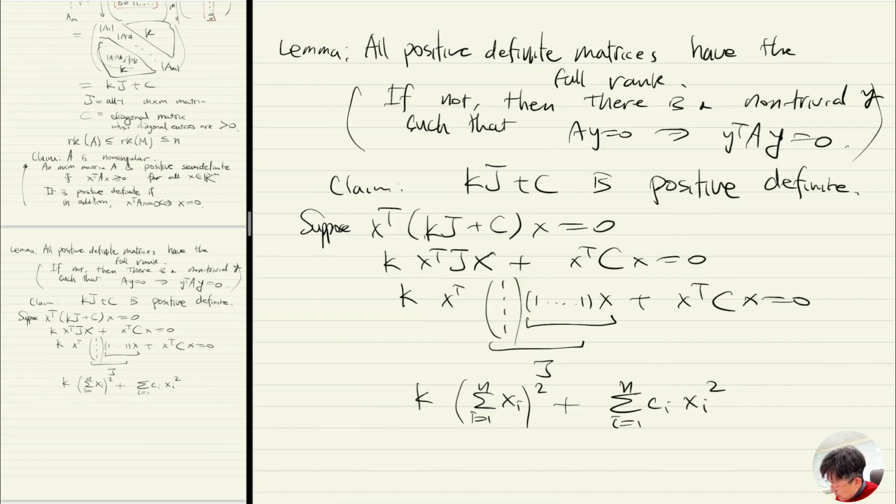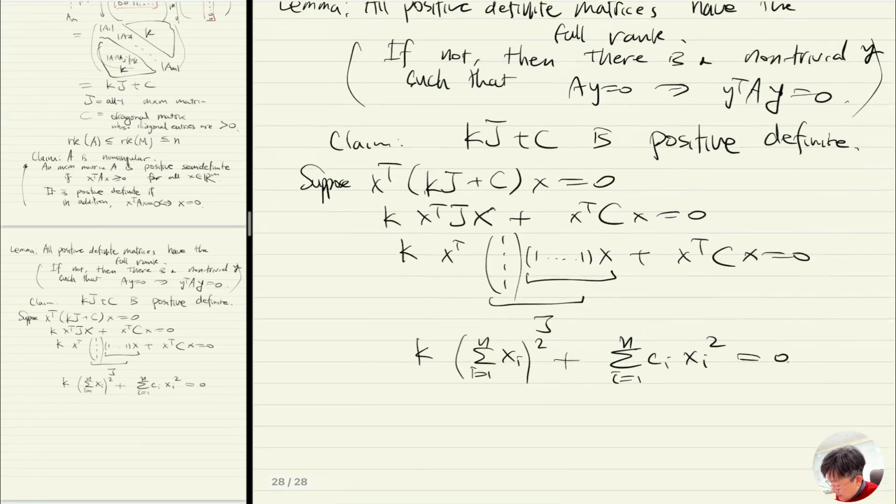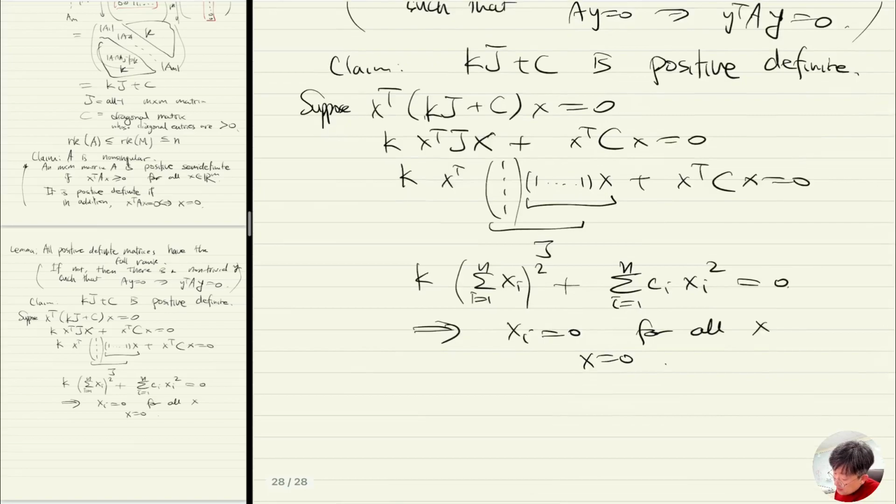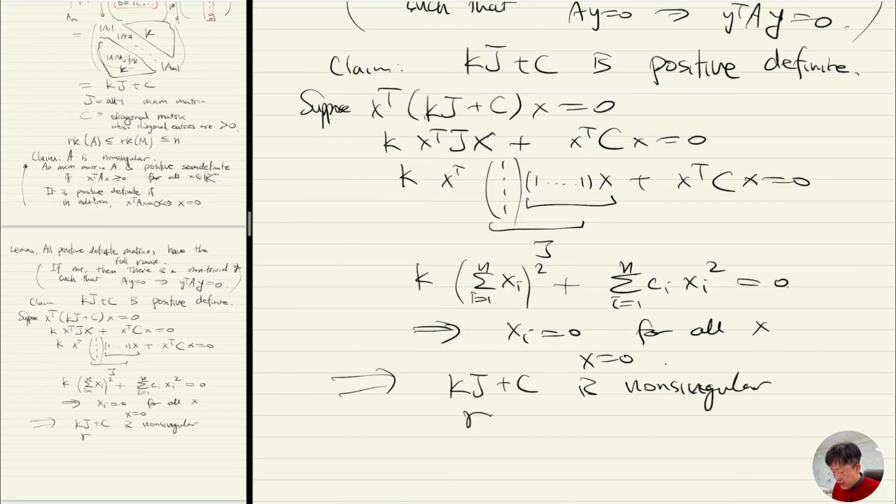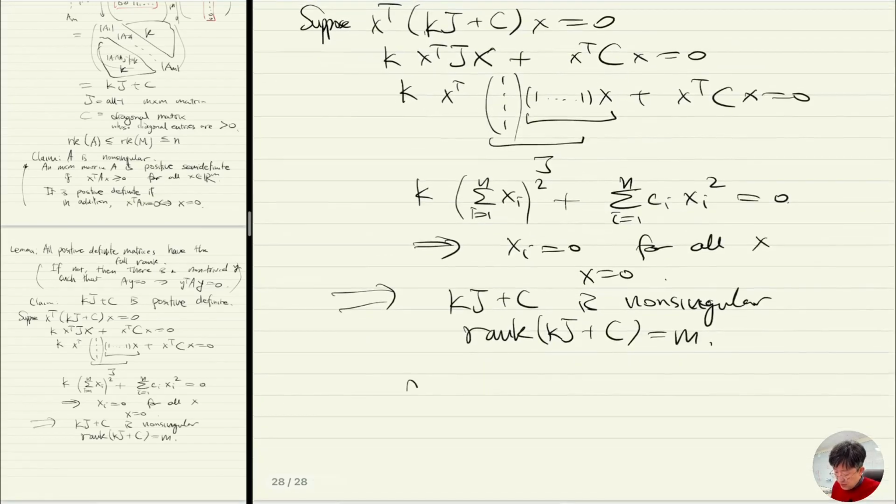So it's k times the square of something plus just a sum of squares. So if this is 0, then as these xi's are real, that means x is 0. So that means kJ plus C is positive definite. So this implies that kJ plus C is non-singular. So the rank of kJ plus C is equal to m. So m is less than or equal to n.